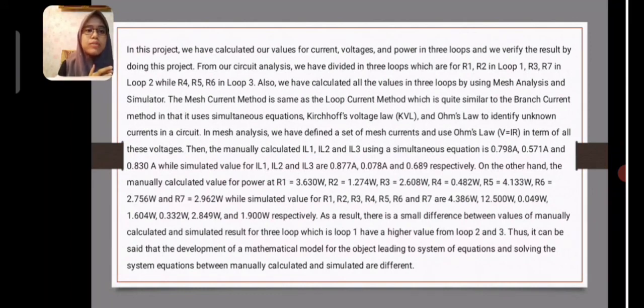From that we got a small difference between the manually calculated and simulated values for the 3 loops, where loop 1 has a higher value than loop 2 and loop 3. Lastly, the objective of this project is accepted. The circuit analysis can be done by using mesh analysis and a simulator.